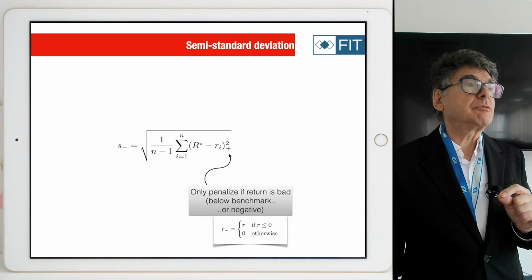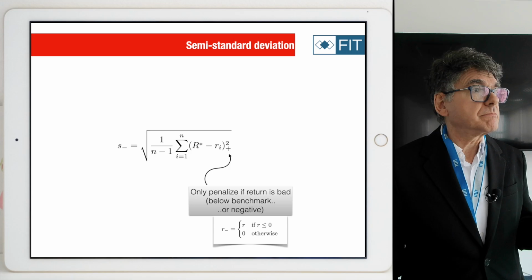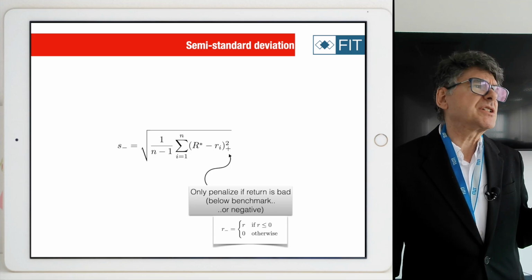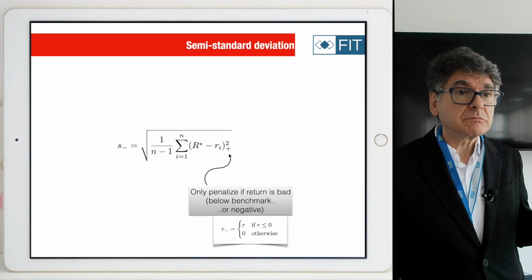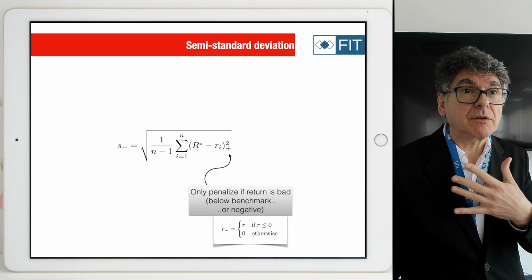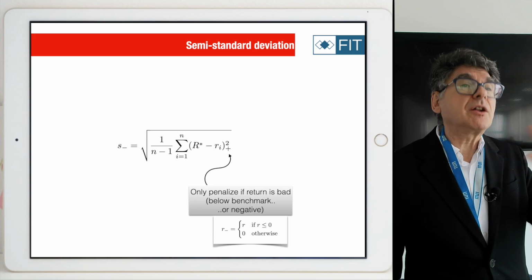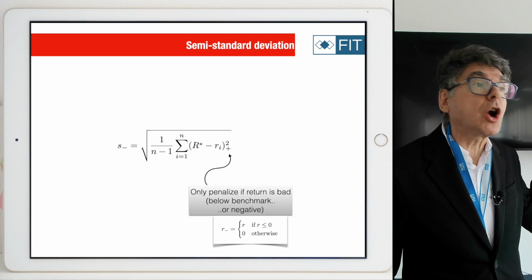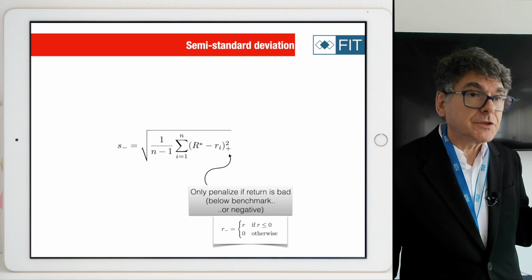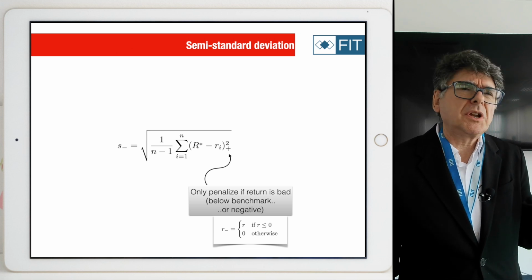I look at every monthly return, R_i, like always, and then I pick a benchmark. Usually they pick 0. They don't have a lot of imagination. I hope I'm not insulting anybody, sorry, okay? They say, well, I'll pick a benchmark, say 0. So you pick a benchmark, R star, and that's 0, or any other number.